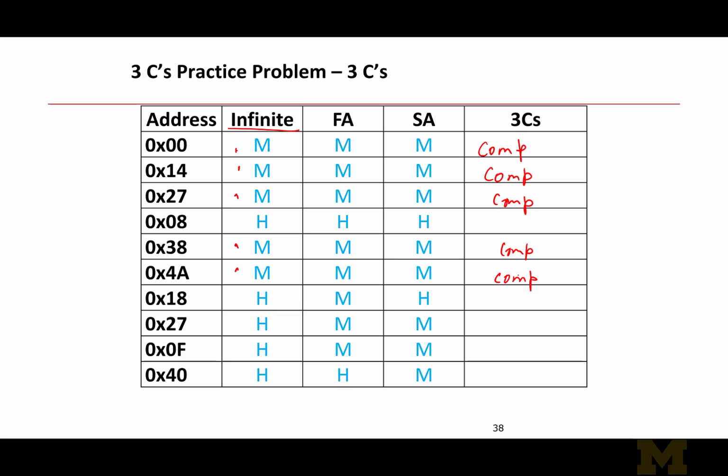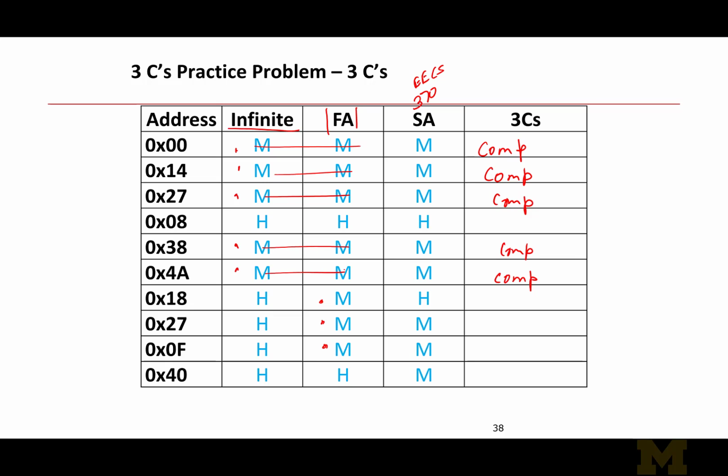Okay, so my next step is to go and figure out the set of capacity misses. So a capacity miss is one that I encountered in the fully associative cache of the same size as my given cache. So this is my given cache. This is the fully associative cache. So I do have 1, 2, 3 extra misses compared to the ones that we have already flagged as compulsory. So this is taken care of, this is taken care of, right?